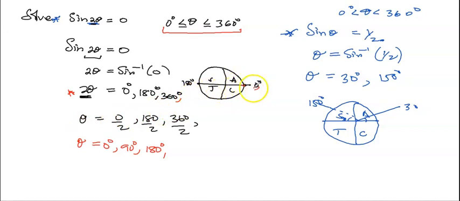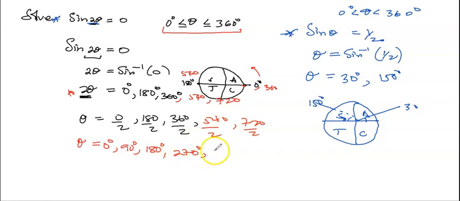So this is 0, 360. Then you go again to get another angle here, which is 540. And then you come again, which is equal to 720. So that means you have 540 divided by 2 and 720 divided by 2. So you have your answer as 270 and 360.